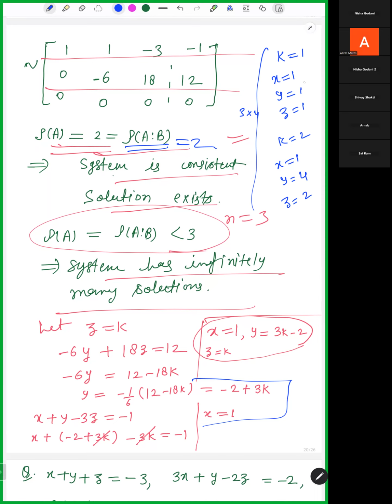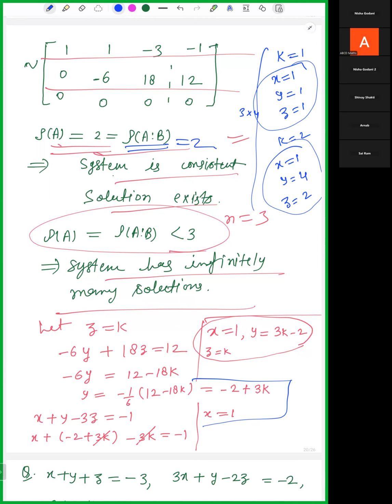Okay. So you have these values of x, y, z. Similarly, you can have infinitely many values. Okay. So infinitely many solutions means you will have these values in terms of k or k1 or any arbitrary number. Okay. So in this way, you have infinitely many solutions. But when you have unique solution, these will be only numbers, unique values.